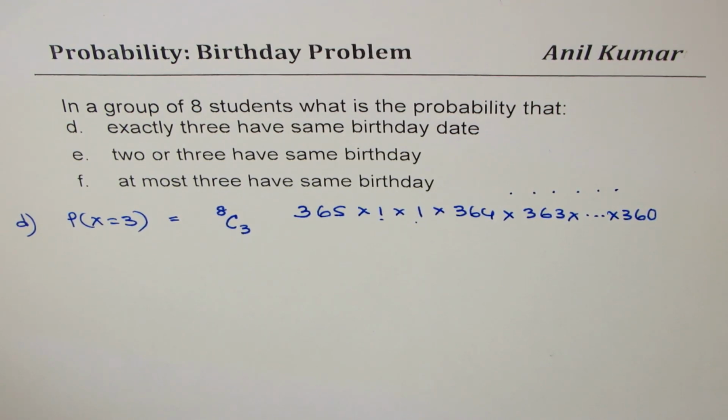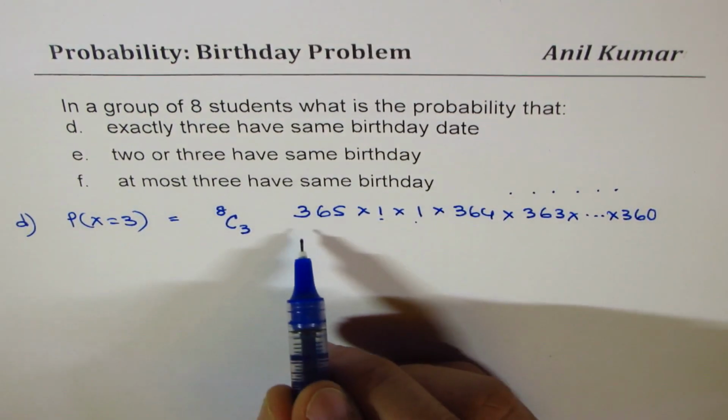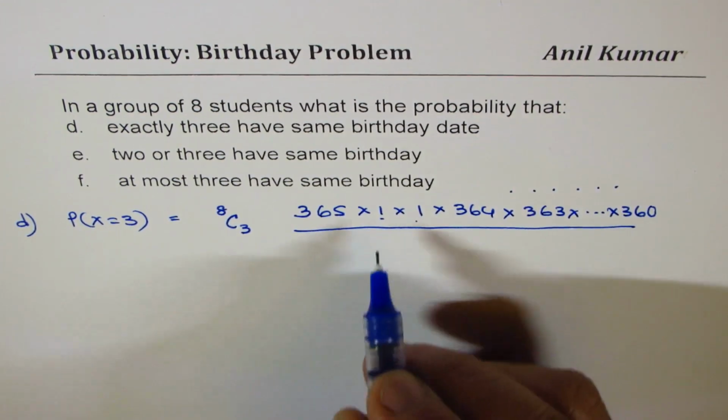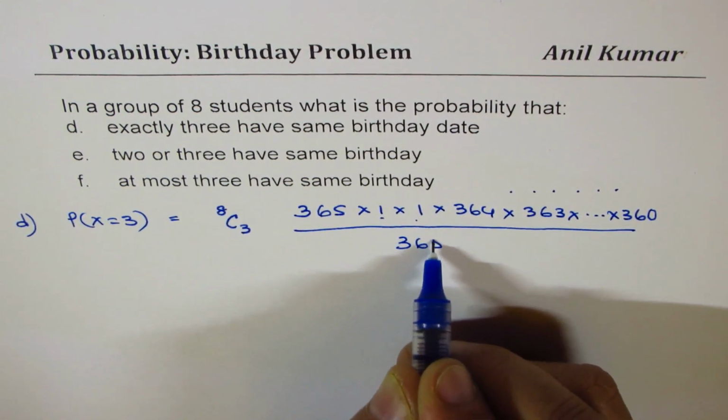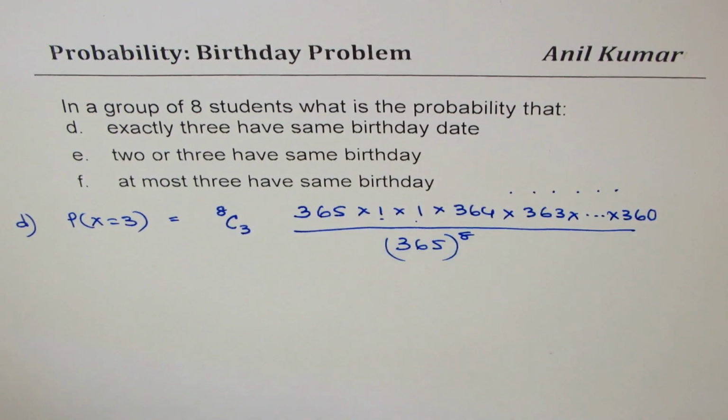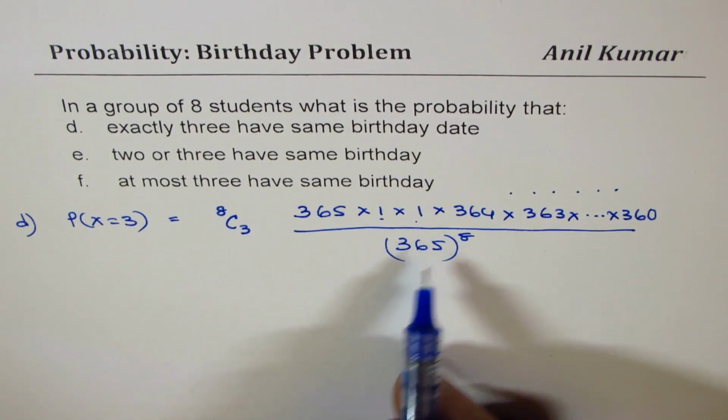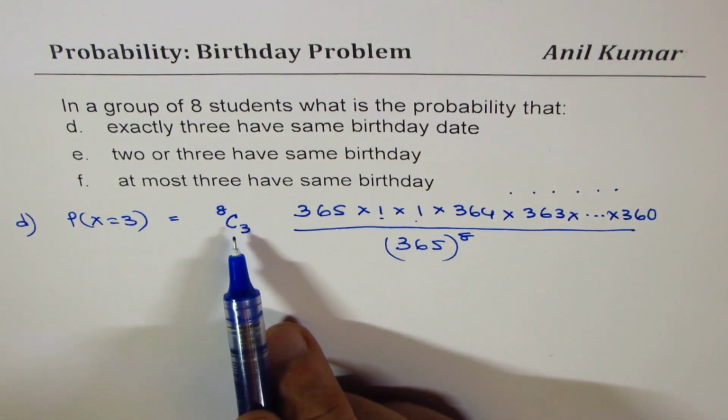You get an idea, right? So that is the number to work with, divided by 365 to the power of 8, since there are 8 people. Does it make sense? Correct? So that is how you're going to find the solution for this one.